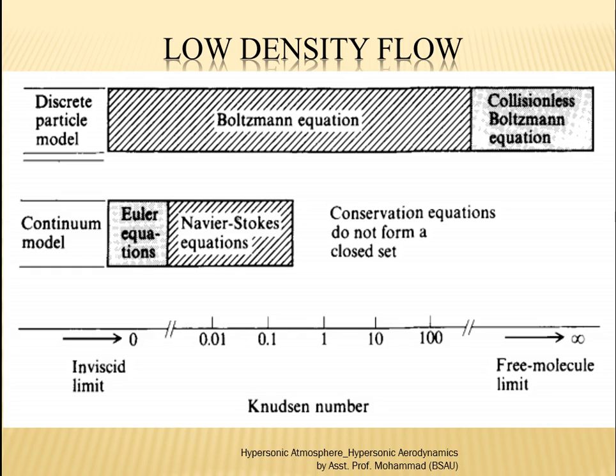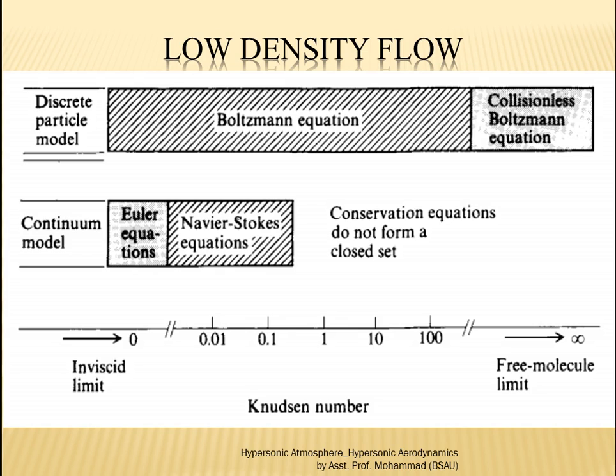So sometimes if the vehicle has a very large characteristic length, and even if the mean free path is large enough, overall the Knudsen number becomes lower, we can still use the Navier-Stokes equation, and we can say that it's a continuum model. The continuum model is very much applicable even there.